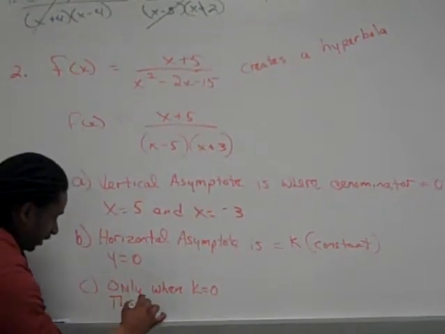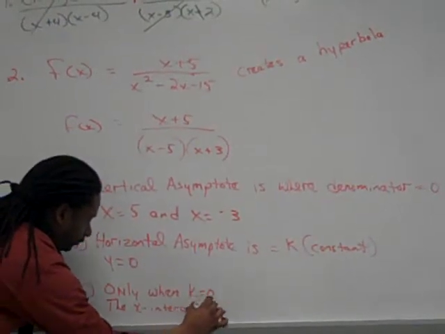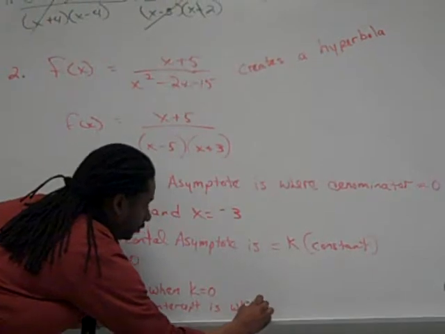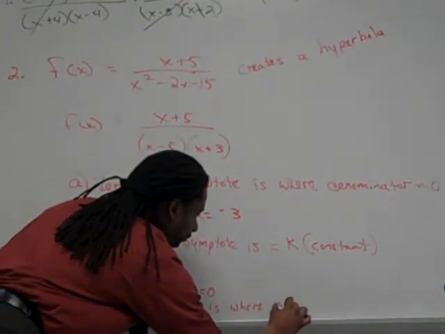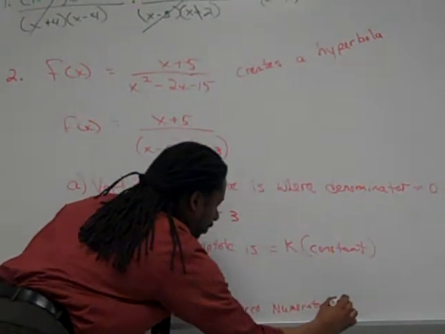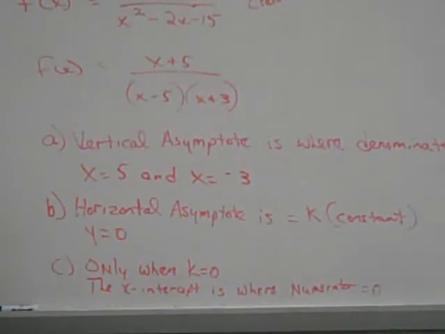Okay? The x-intercept is where the numerator equals 0. Where does this numerator go to 0, people? -5.